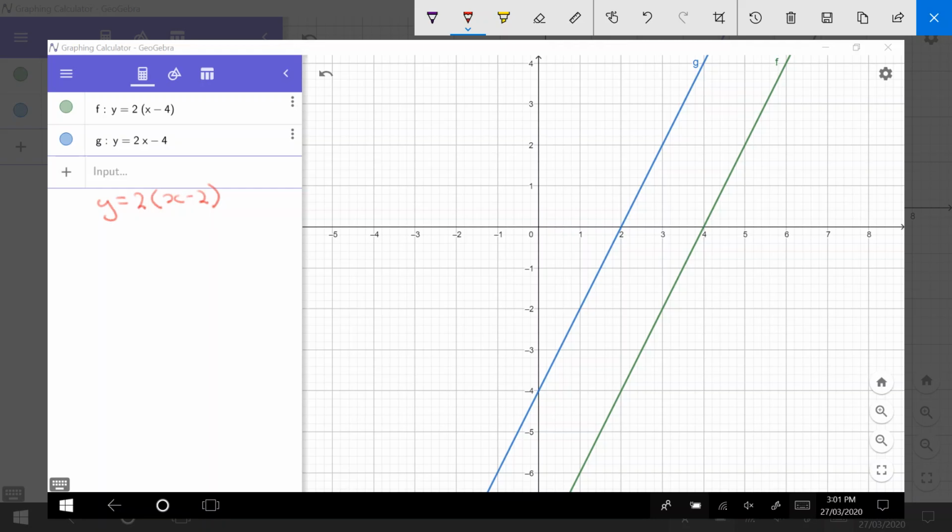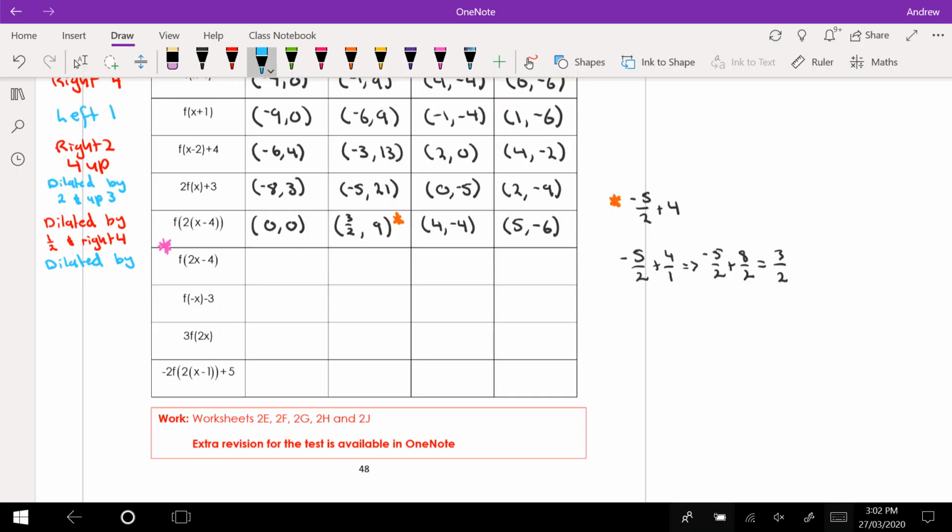So now we're going to go back to our functions. And what transformation has occurred to this function now? We've dilated by a factor of what? We've still dilated by a half. And we've moved to the right how much? 2.